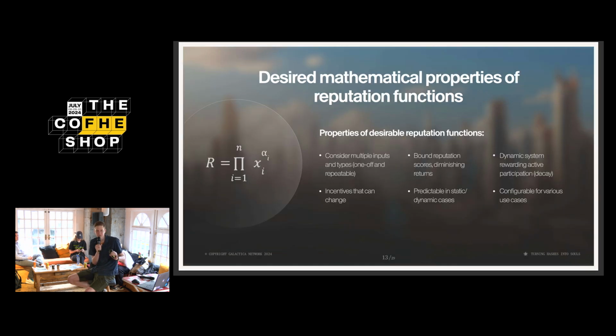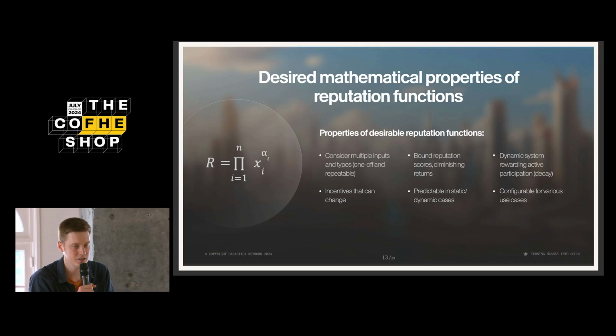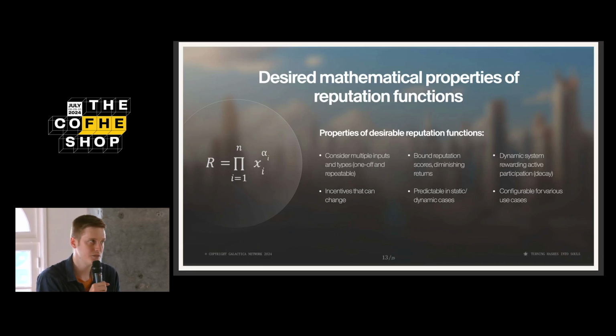But now I want to first dive into some insights I would like to share with you about how to design reputation functions. So imagine that you are a protocol and you want to leverage reputation in your use case. The question is, how do you model the reputation and how do you parameterize it to achieve the incentives you want to give to your users?